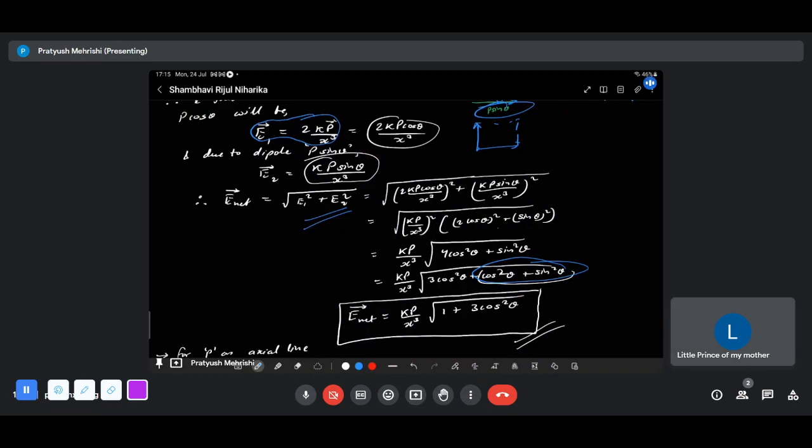That would become much larger, because ultimately you have to follow all the process which we have followed earlier in both the cases, and then you have to use approximation, because generally the dipole is very small.